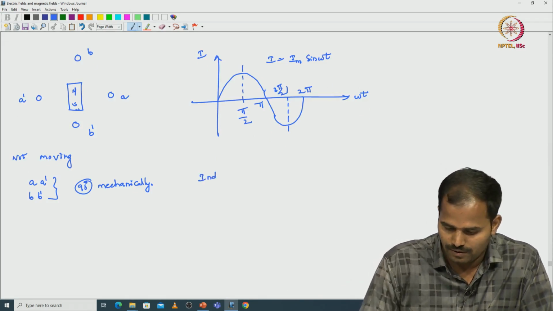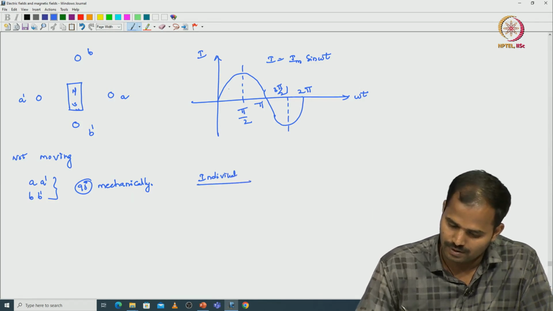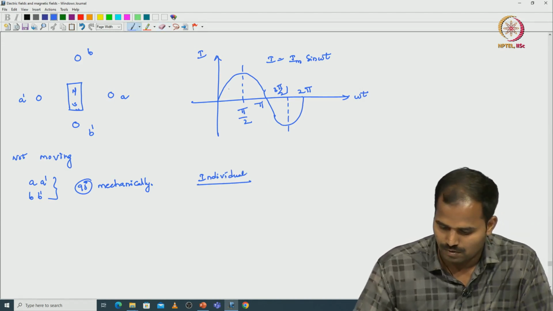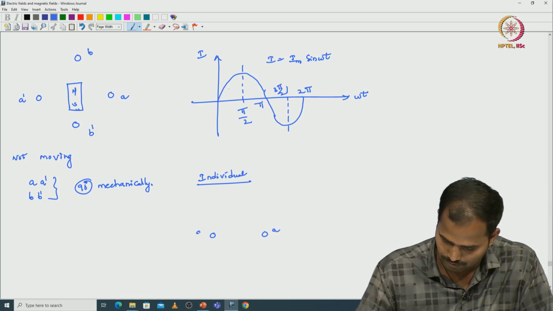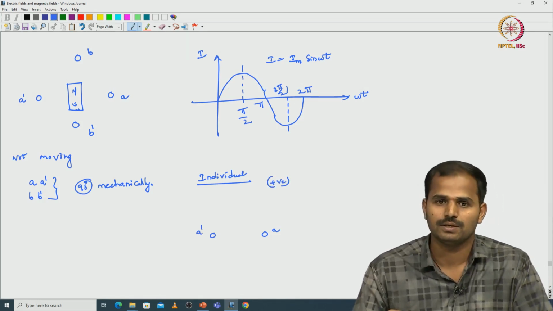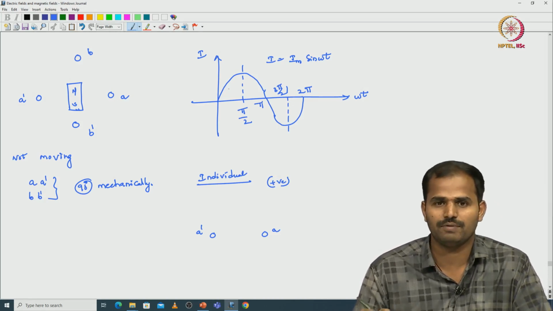So, first we will see the individual coils, what kind of magnetic fields are there. With respect to coil A dash, consider a positive current for reference. This is the reference vector with respect to each and every coil.